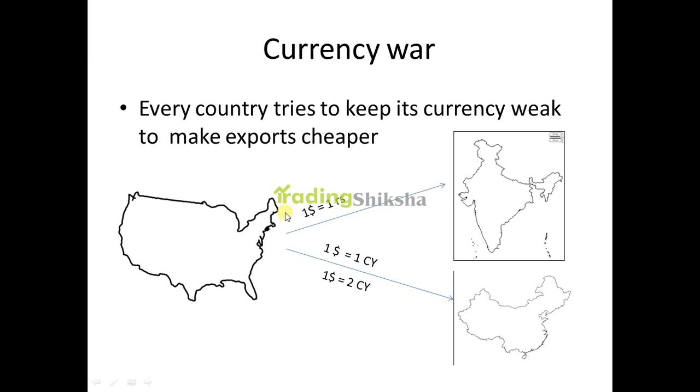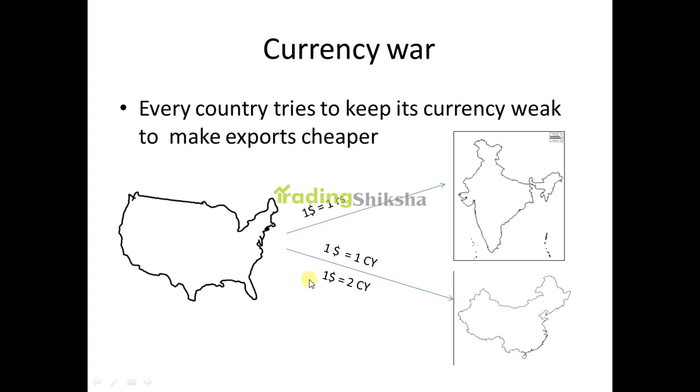We also assume that initially the exchange rate is $1 equal to 1 rupee and $1 equal to 1 Chinese yuan. Both currencies have the same exchange rate with the US dollar, so the US can purchase that good from either country.